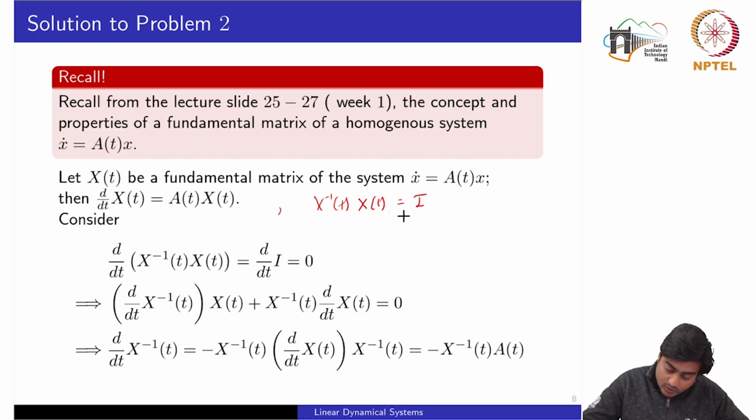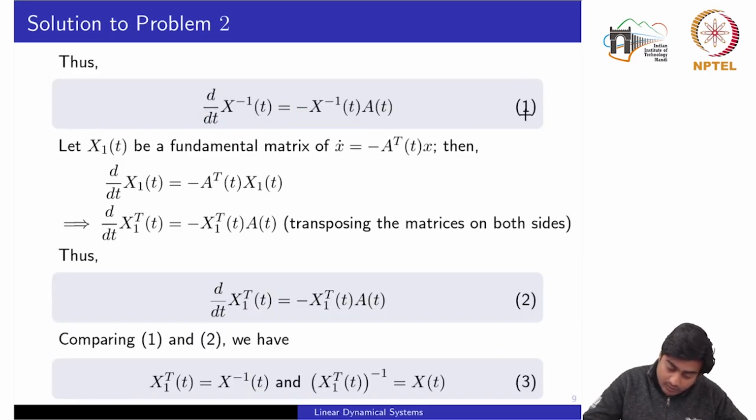Taking the derivative on both sides of this equation and simplifying, you end up with the relationship that the derivative of the inverse of the fundamental matrix is equal to minus inverse of X times A. So this is a key equation and we will call it equation 1.